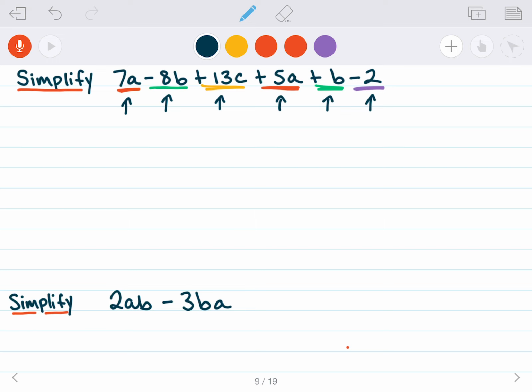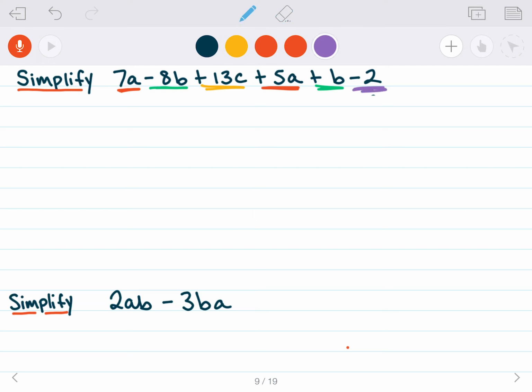How many groups of like terms? Well, I have the reds, that's 1. I have the greens, that's 2. I have yellow by itself, that's 3, and I have purple, that's 4. So 4 groups there. Well, maybe I shouldn't have phrased it like that, but I think you guys get what I'm trying to say here.